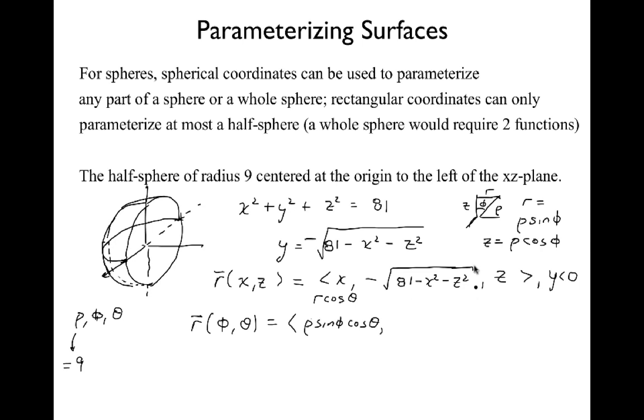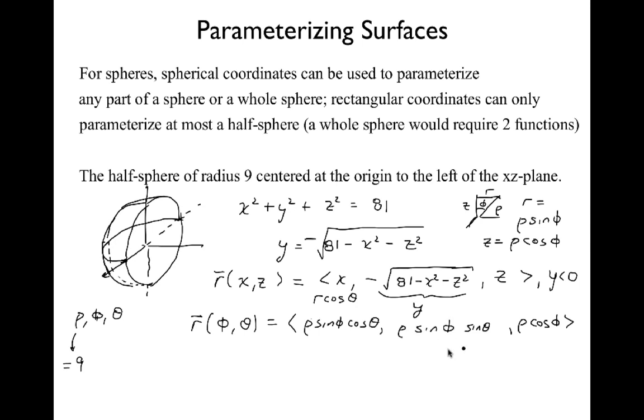And then we're going to write this in terms of our x and our z. And what is z? z is simply rho cosine phi. Then our y-coordinate is r sine theta, and our r is rho sine phi.